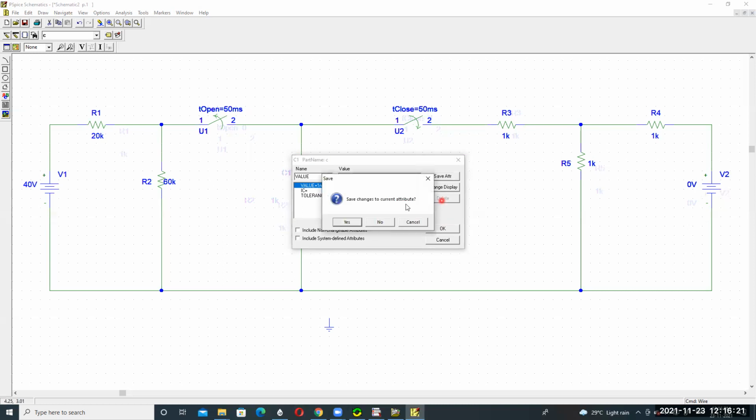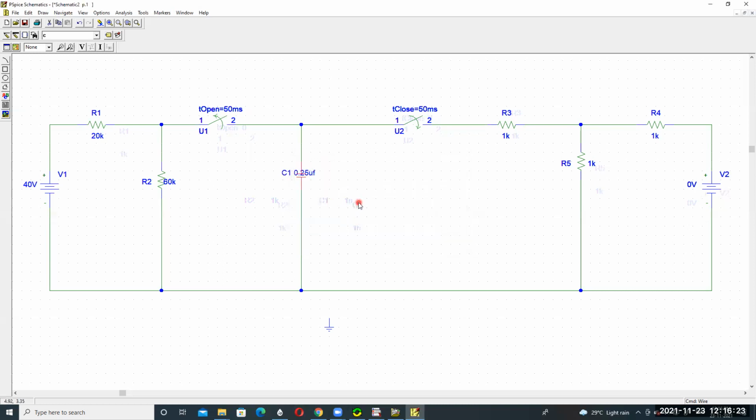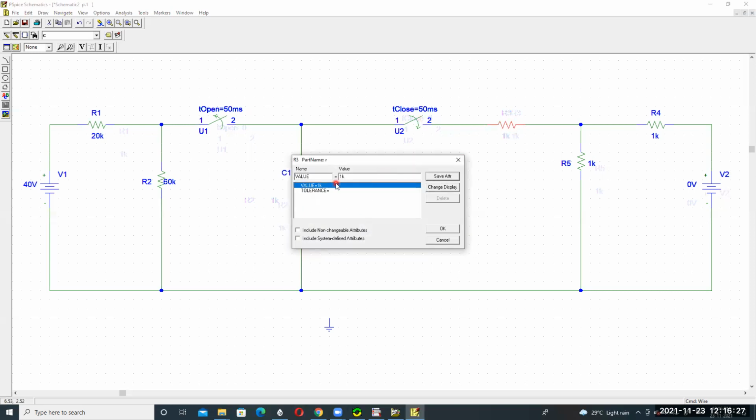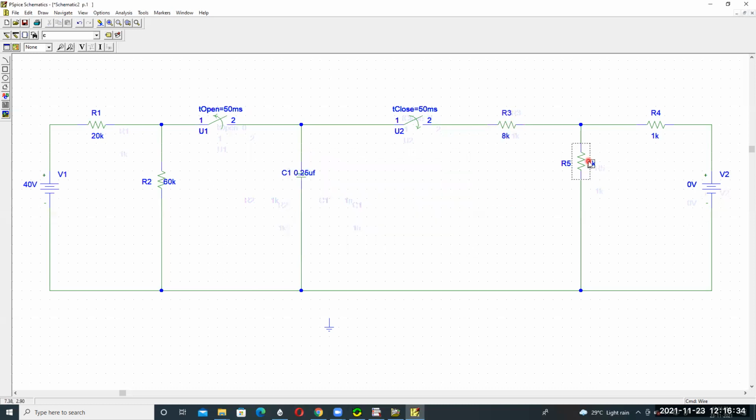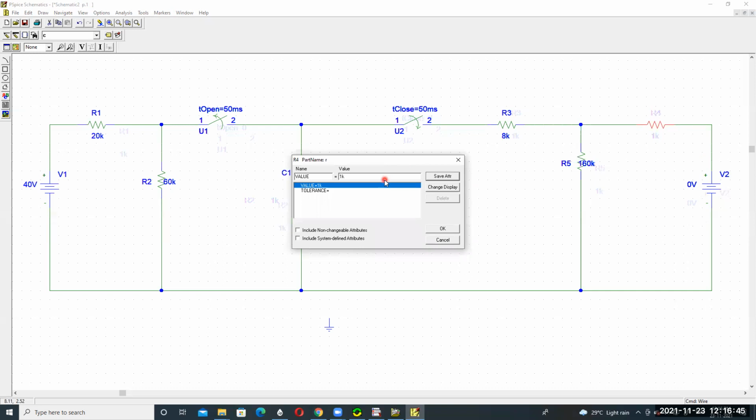Then this resistance is 8K, this resistance is 160K, and this resistance is 40K.